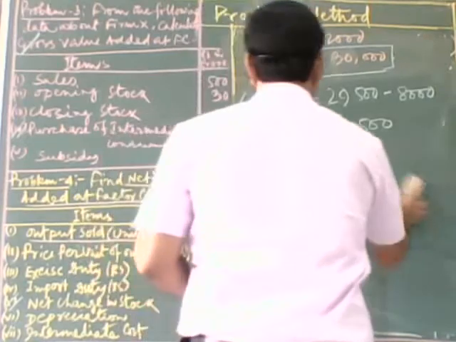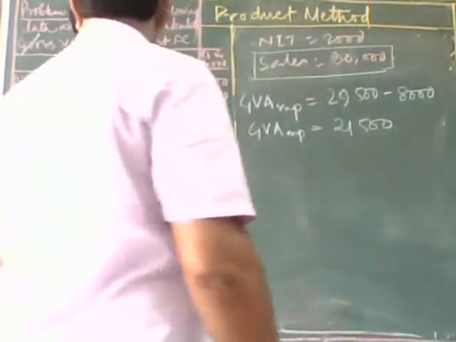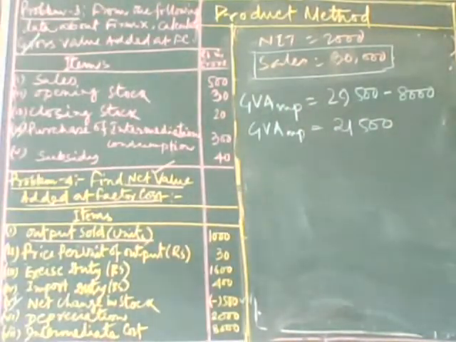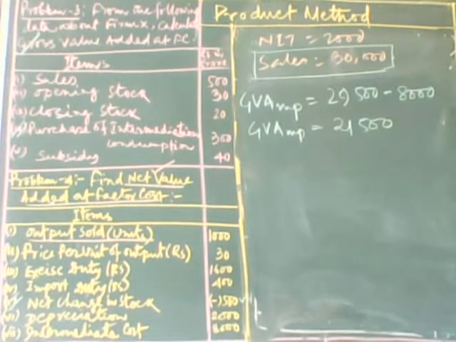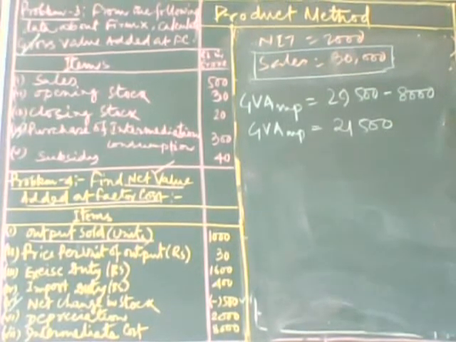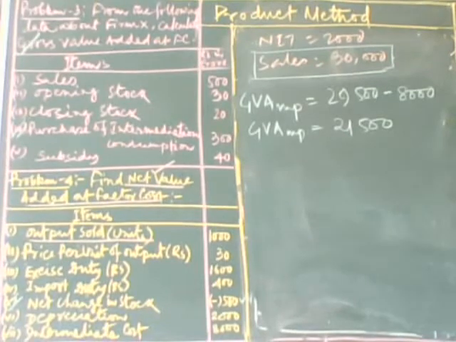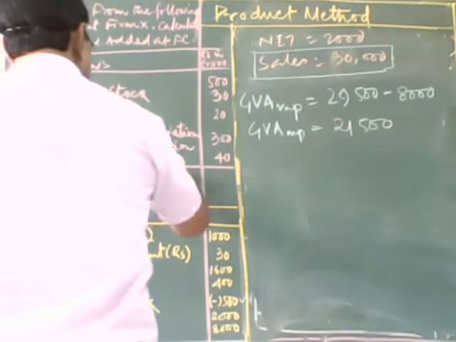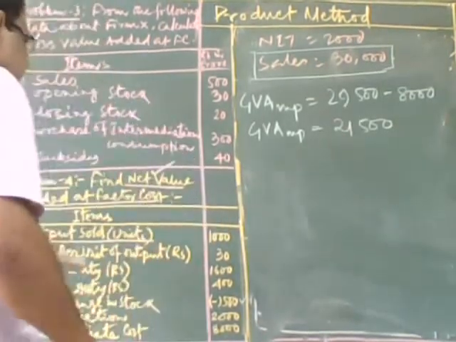Now from GVA at market price, we have to calculate the value of net value added at factor cost.